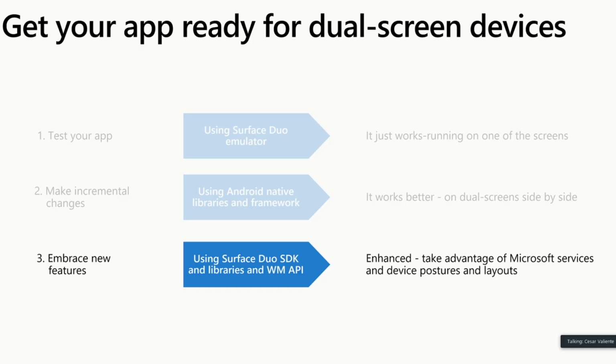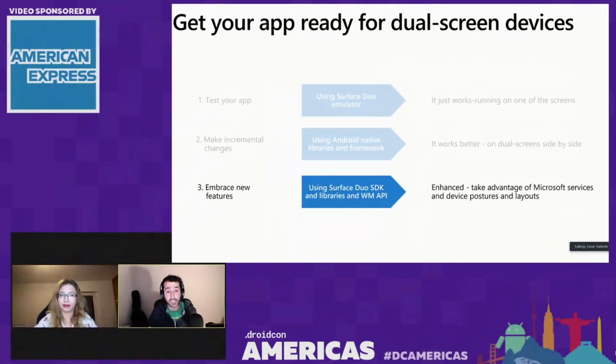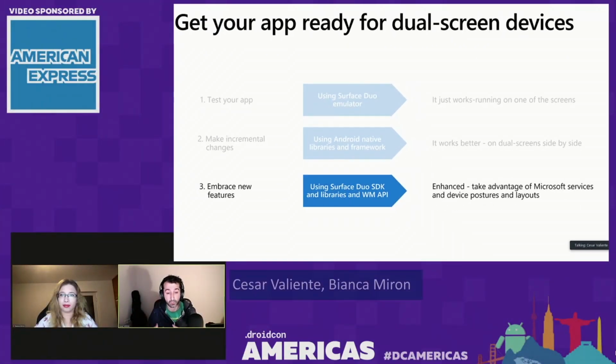It's here when we go from zero to hero, when we really take advantage of using all the capabilities of this device. For that, we have provided a set of libraries and SDK. And also, we have the Jetpack Window Manager that we are going to see as well in order to take advantage of the new capabilities that new form factor devices provide.